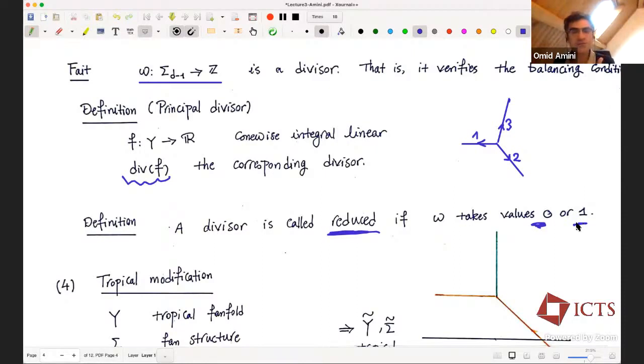In this case, you're just looking at the subfan, because you just need to know the support, and you know that the weights are equal to 1. And so you're looking for a subfan which is itself balanced. And this is exactly what we need. But I needed this function because I wanted to introduce the 4th operation on tropical fans, which is central to whatever I'm going to explain.